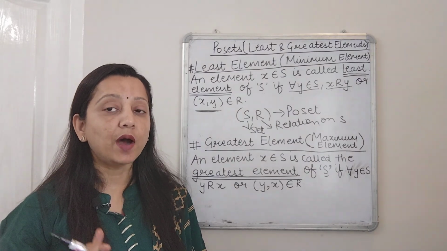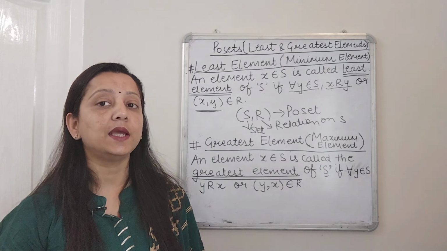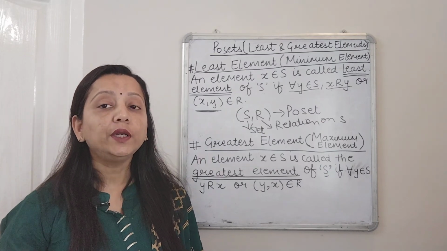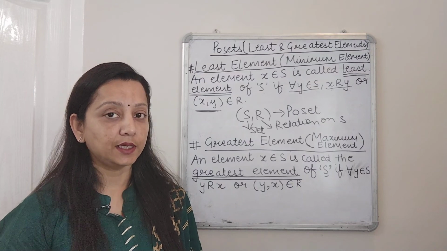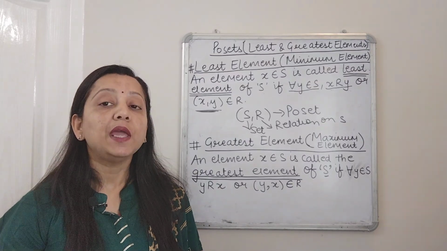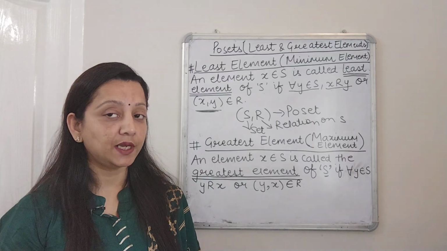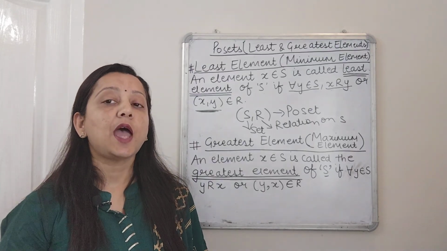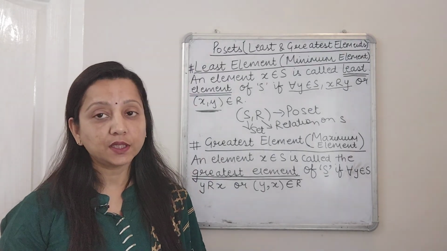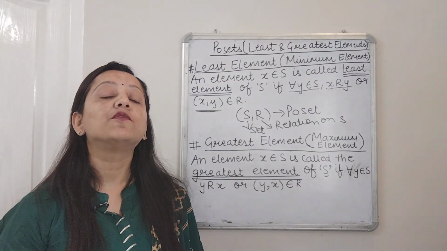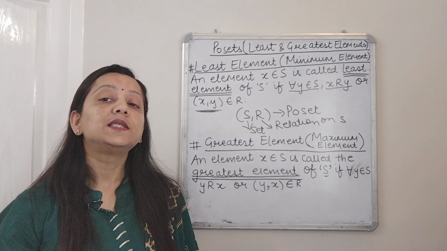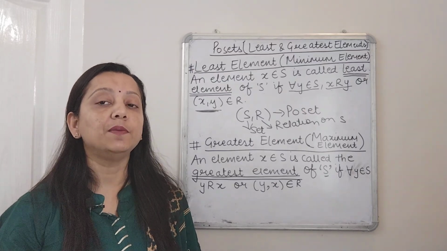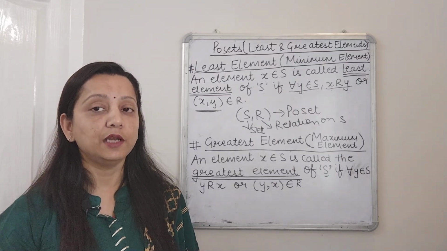There will be only one least element in the entire set, and only one greatest element in the entire set. A set may not have any least or greatest element. A set may have both a least and greatest element. A set may have only a least element and no greatest element. Or a set may have only a greatest element and no least element.